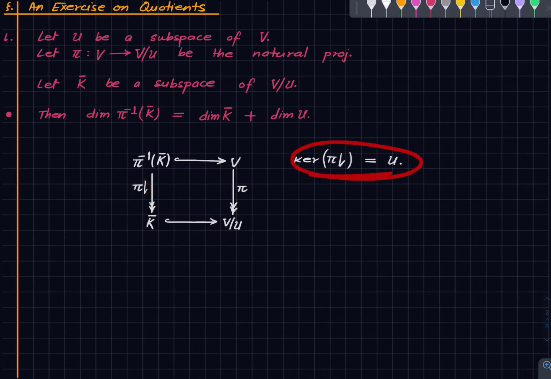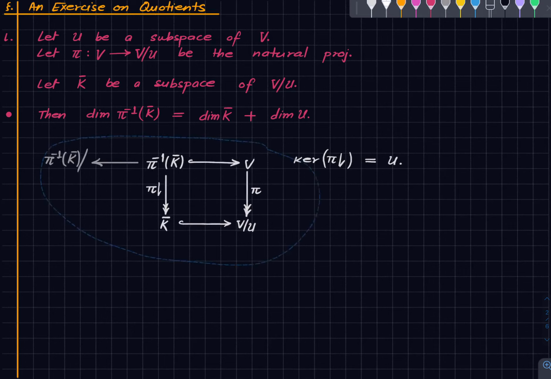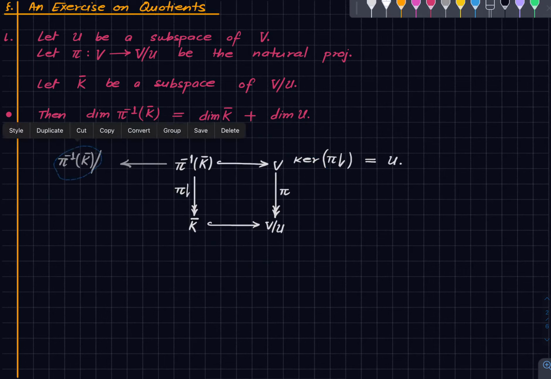So this is a simple observation, and therefore by your first isomorphism theorem, this factors through the quotient. So this is again your natural projection on this quotient, and this is the induced map. And since this is surjective, this is also surjective, and this is of course injective, just by the first isomorphism theorem.